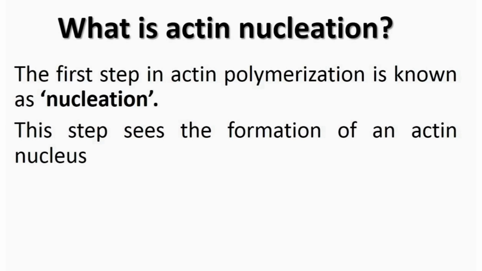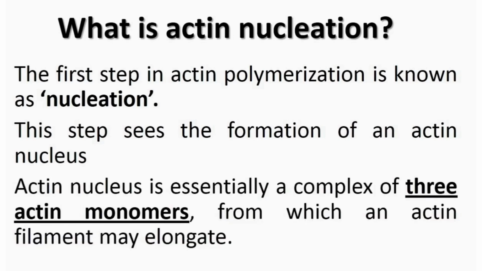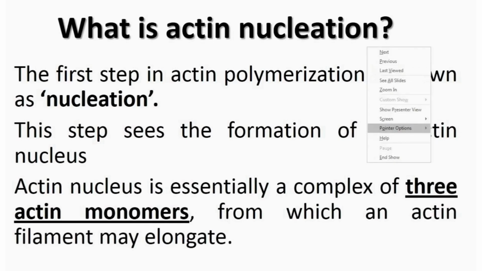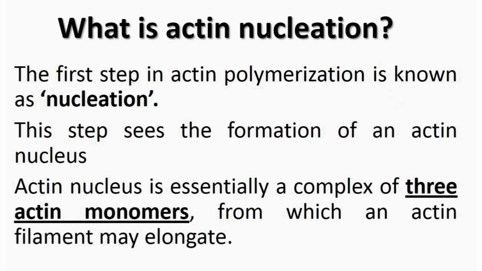Actin dimer ultimately post nucleation will form the filaments which will elongate. So, the actin nucleus is essentially a complex of 3 actin monomers, and these 3 actin monomers will form an actin filament, and after formation of the actin filament it would continue to elongate.